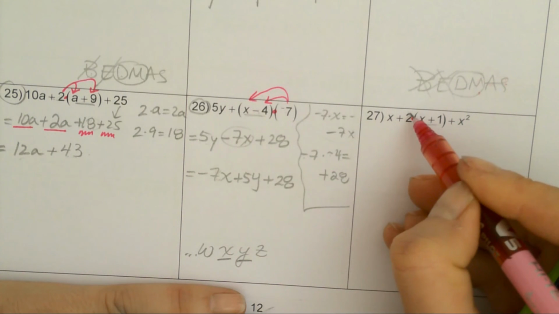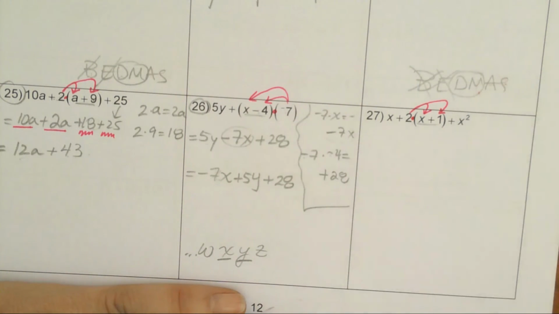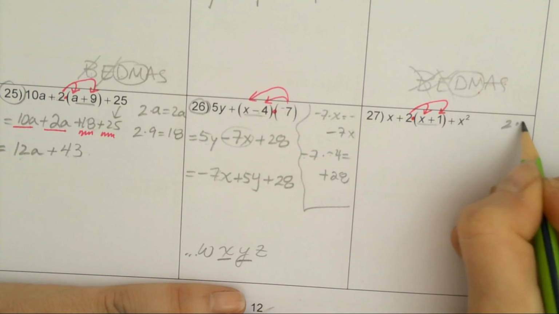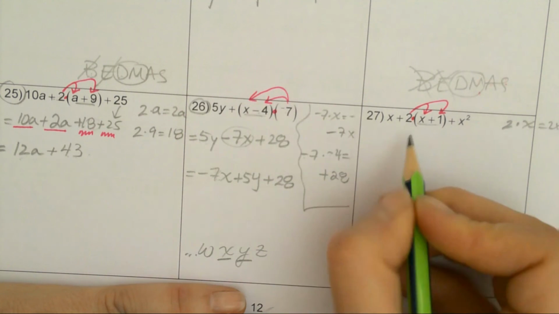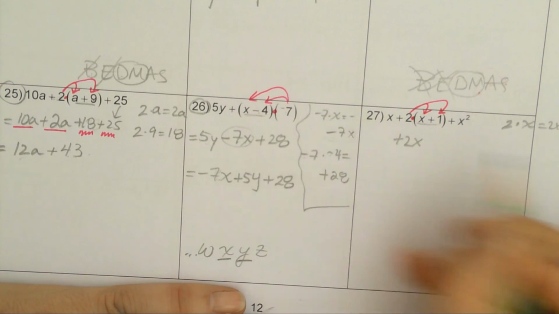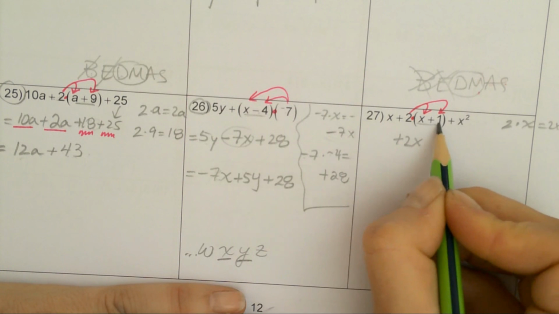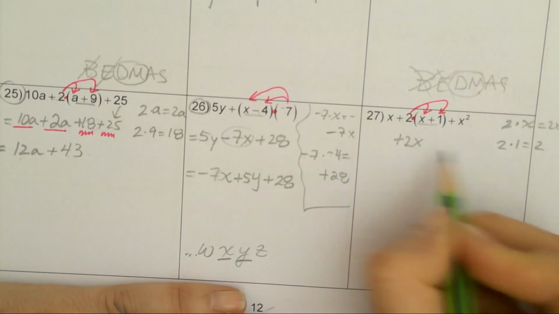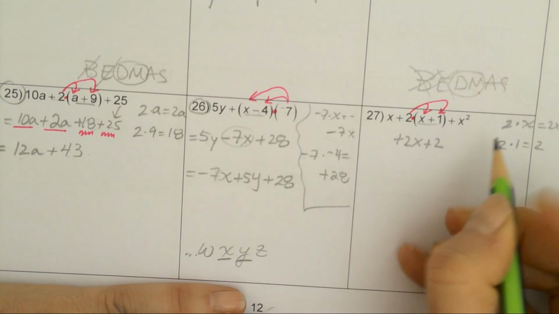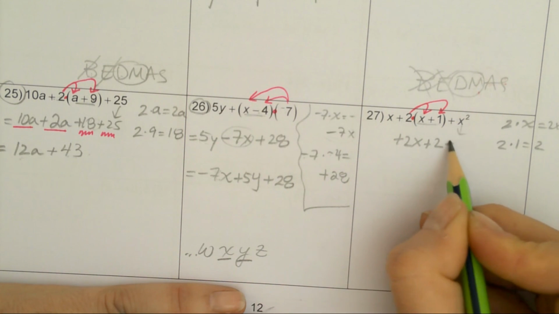So I distribute the 2 to everything in the brackets. So 2 times x equals 2x. And that's positive, so I'm going to put plus 2x. 2 times 1 equals 2. Because that's positive, I'm going to put plus 2. I have to copy him down.